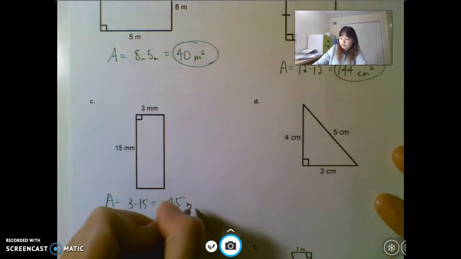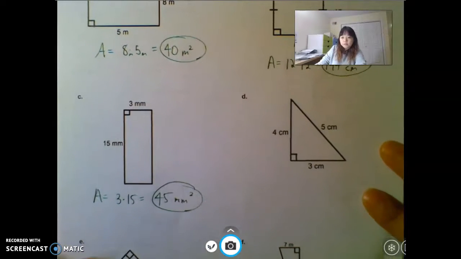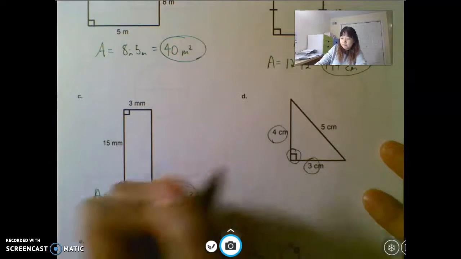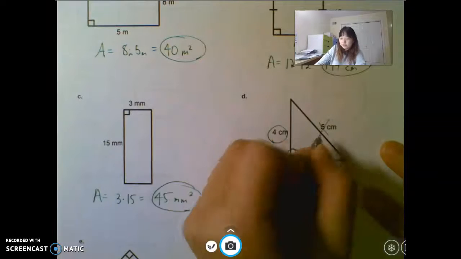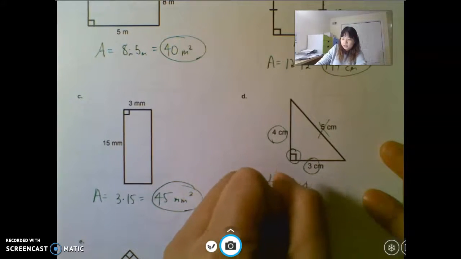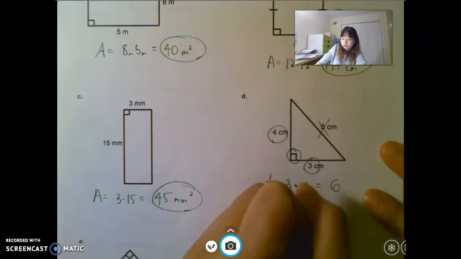Millimeter times millimeter is millimeters squared. Letter D: the base and the height make 90, not the 5. Just make sure you do 1/2 times base times height. That is 6, so it'll be 6 centimeters squared.